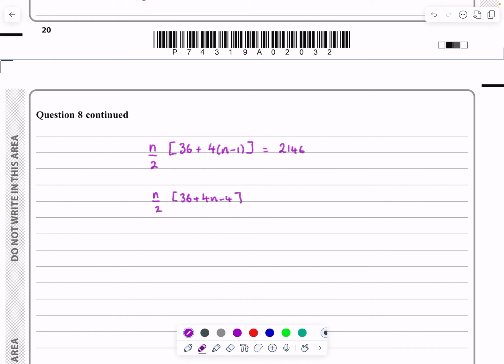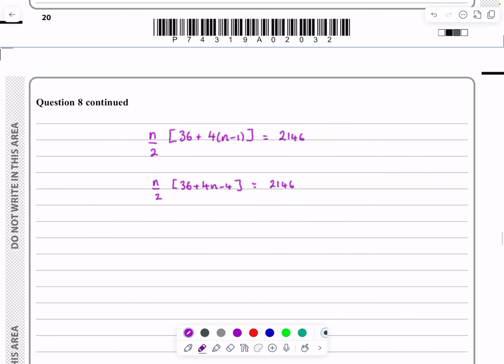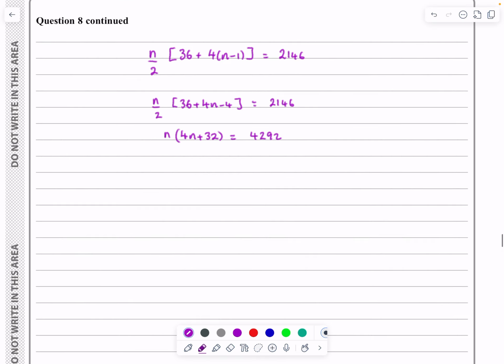Now I'm going through this relatively slowly simply because I'm trying to make it a proof, aren't I? So I don't want to jump straight to the answer here. You might do this slightly quicker than me. I'm going to do n times 4n plus 32 inside the bracket there, and I'm going to multiply out by the 2, so I'm going to get 4292 there.